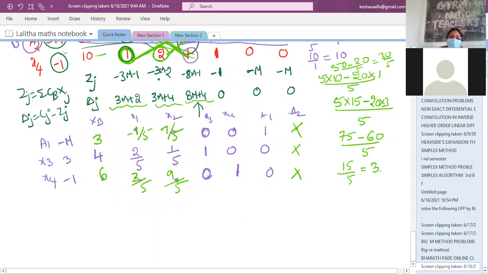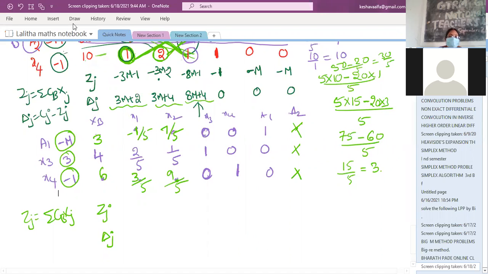Next, Zj. Repeat the process. Calculate Zj and delta j values. How to calculate Zj? That is the summation of CB into Xj. The CB column values are here: minus M, 3, minus 1.